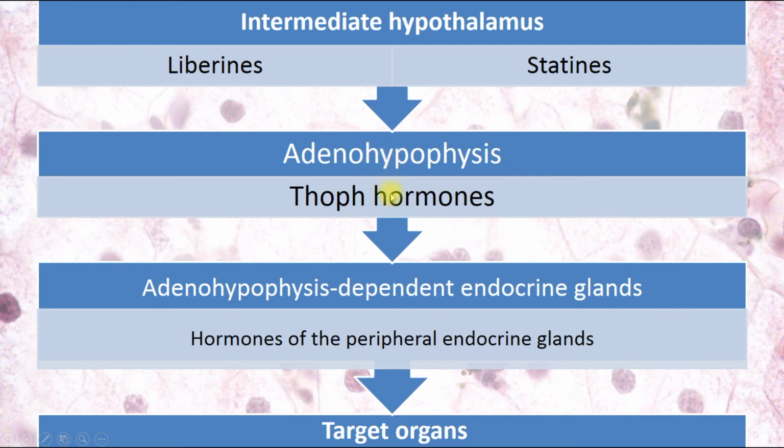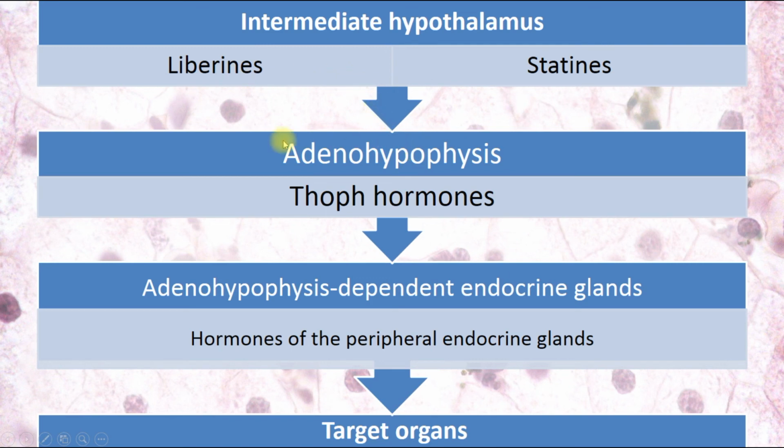And then troph hormones go to the adenohypophysis-dependent endocrine glands, which react to the action of the troph hormone. Then they produce and release their own hormones, hormones of the peripheral endocrine glands, and they go into the bloodstream and reach target organs. For example, thyroid regulation. Thyroliberin and thyrostatin are produced by the intermediate hypothalamus.